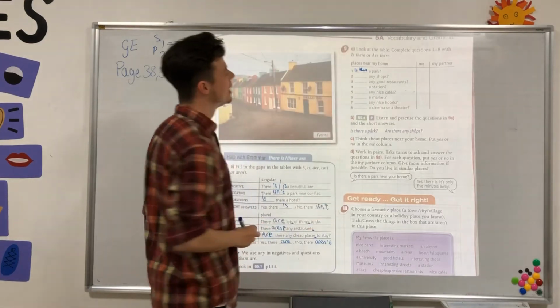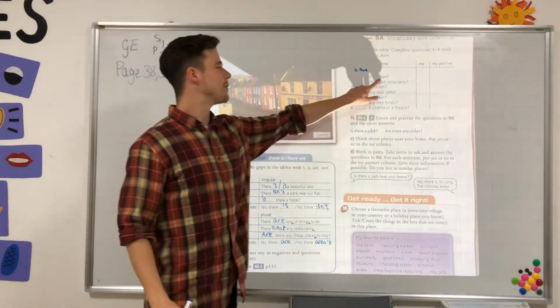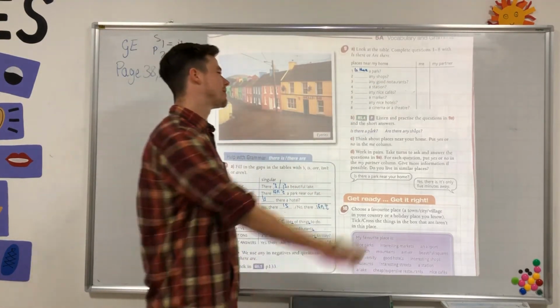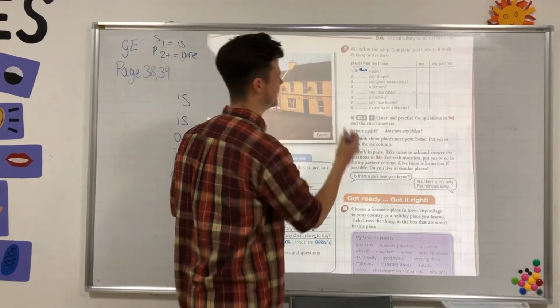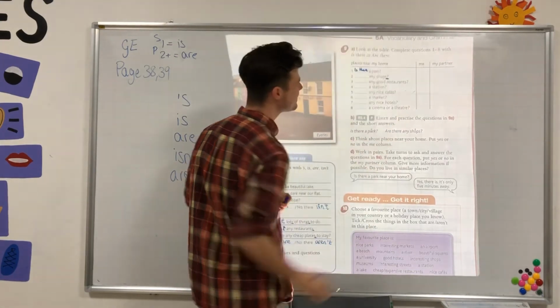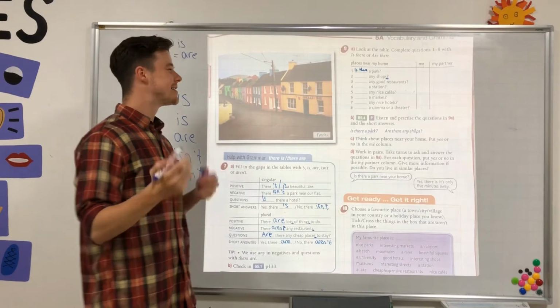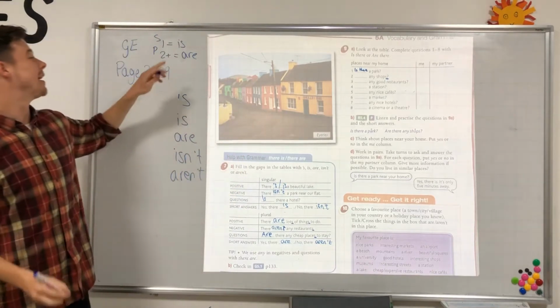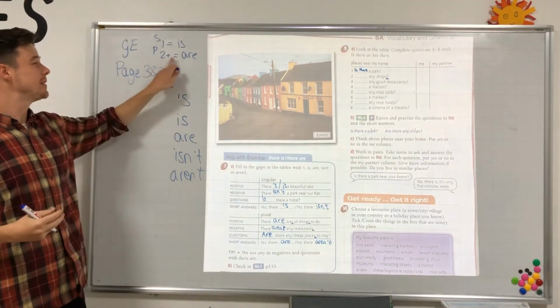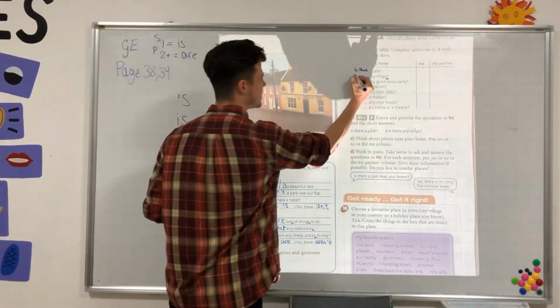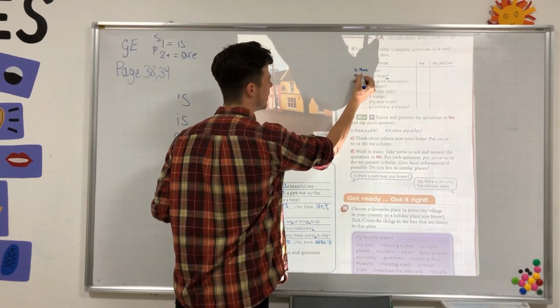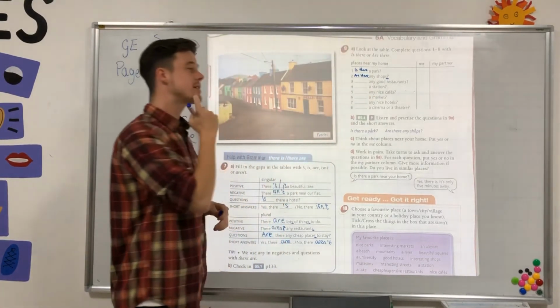All right. Part 2, we have any shops. Shops is plural, so when we use our plural rule would be are, so number 2 would be are there, and then we just carry on.